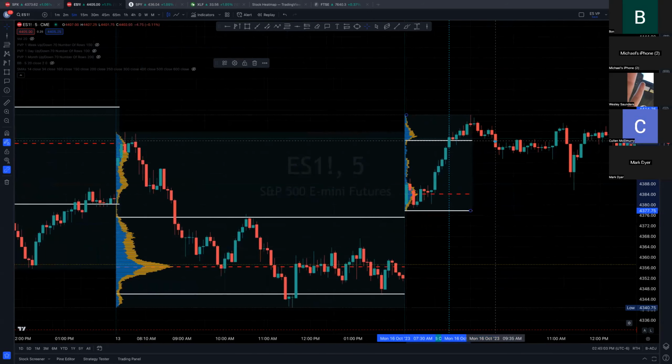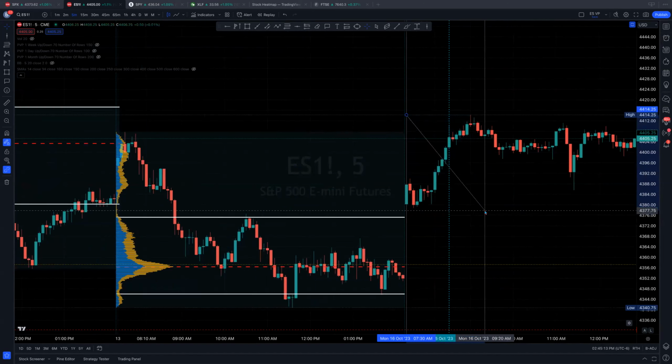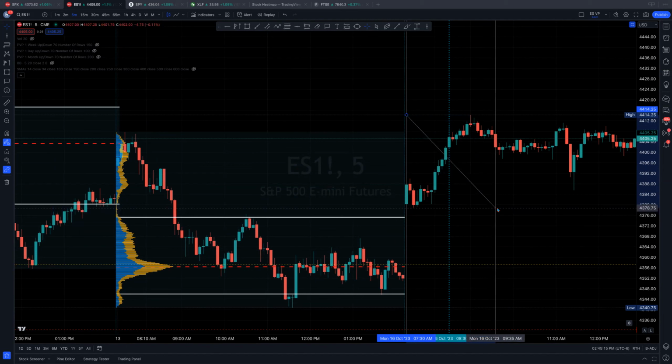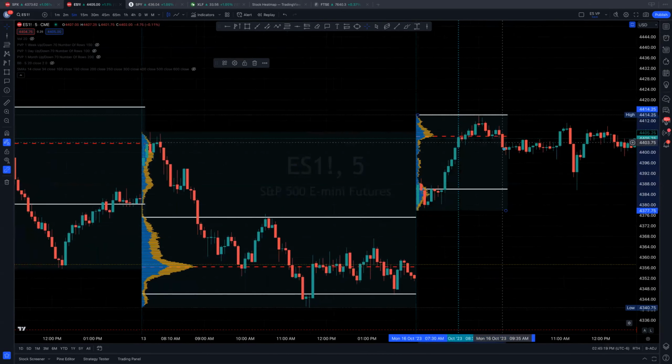Okay. And what I saw here was we had some really good momentum on this move down. Let me show you one thing that I saw. So we had really good momentum here, guys. And after this move down, we made a high volume node.